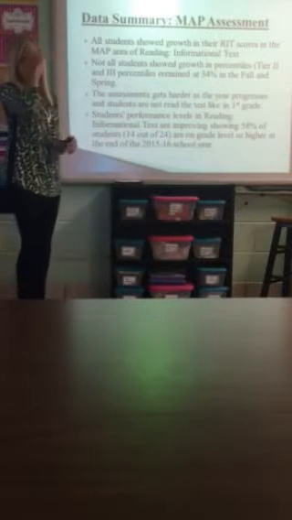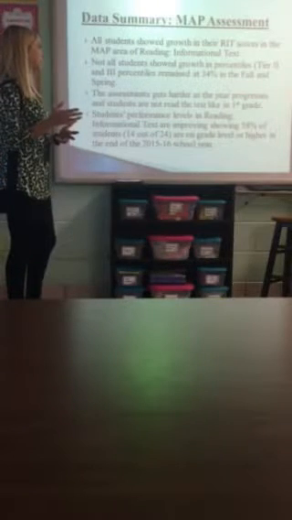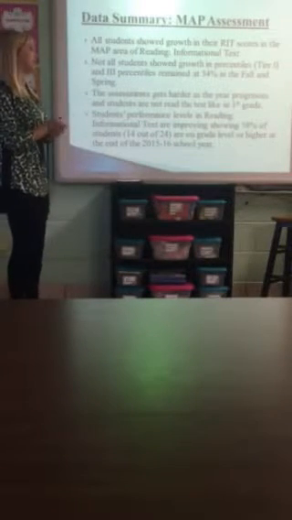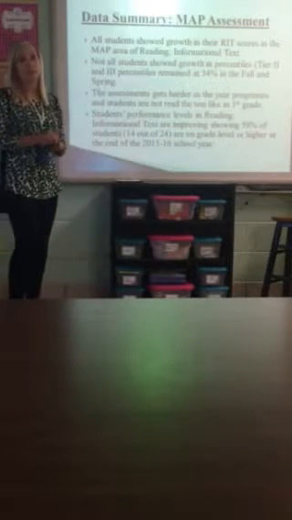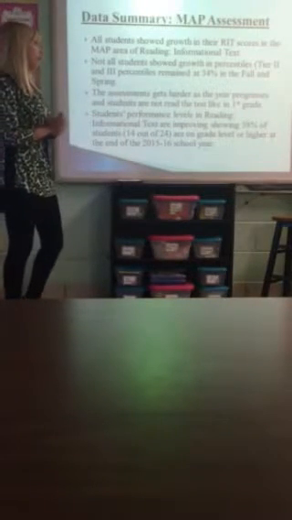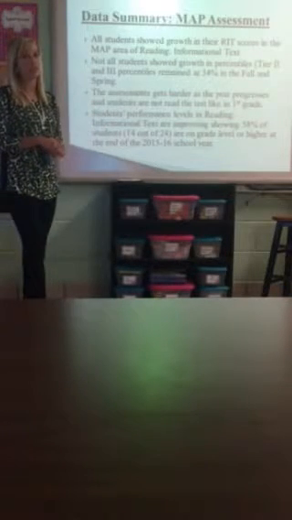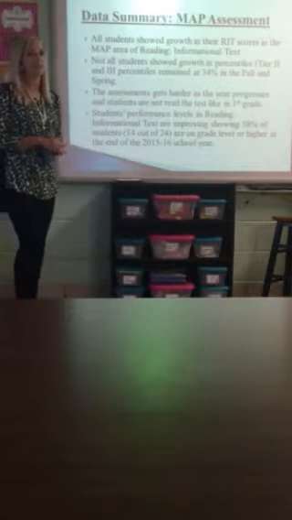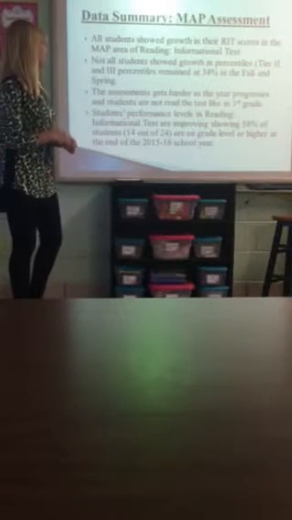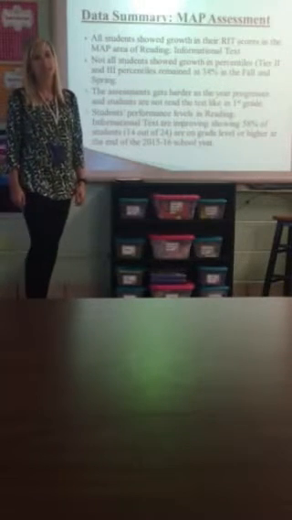And as I said, the assessment gets harder throughout the year, and I also was able to see that my students' ability to comprehend informational text improved, showing now that 58% of my students were actually on second grade level. That means 14 out of my 24 students were on grade level or higher by the end of the 2015-16 school year.